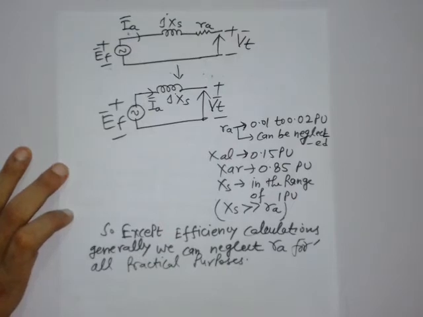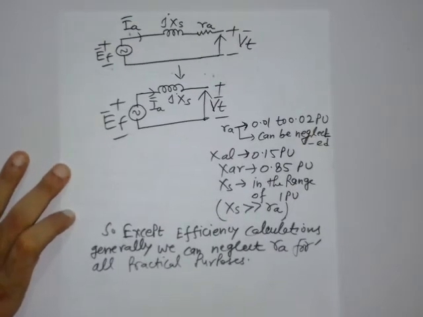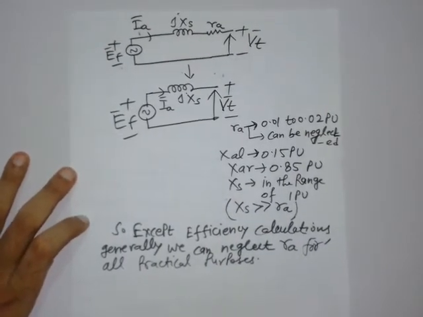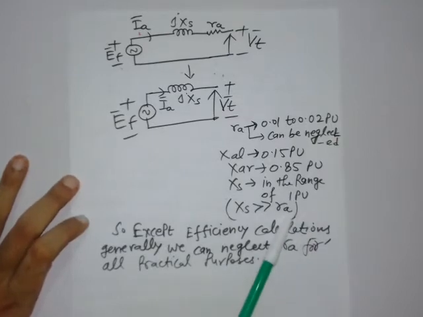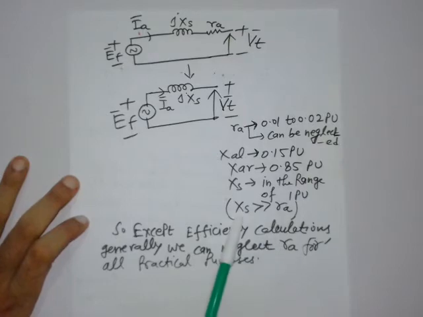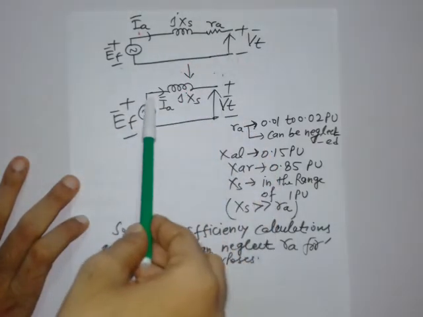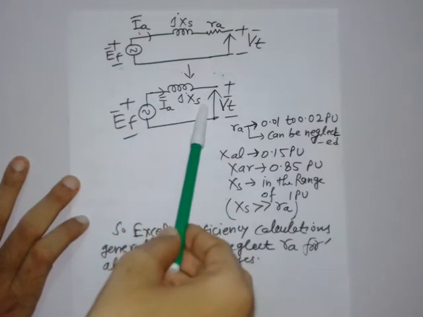You should not neglect it, for getting the exact value of efficiency and other calculations. But for all practical purposes, you can neglect this armature resistance RA in comparison to synchronous reactance XS.